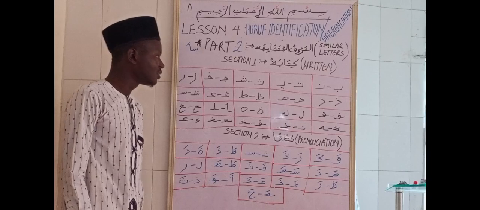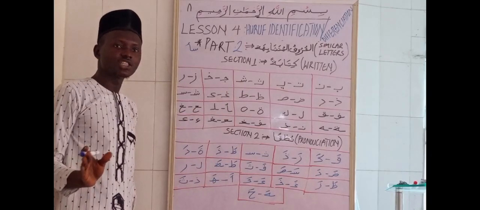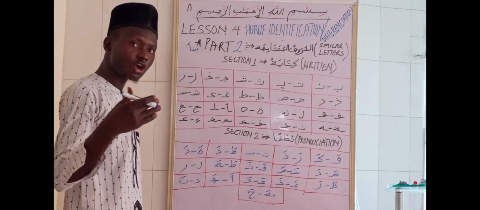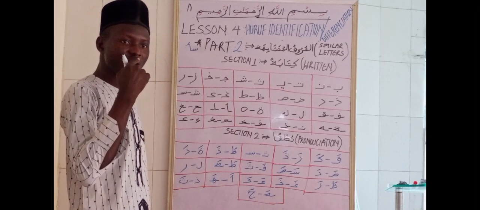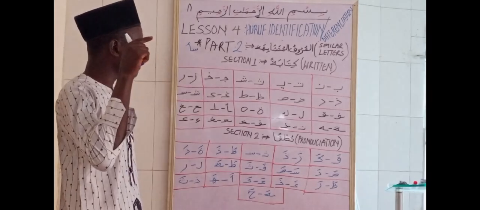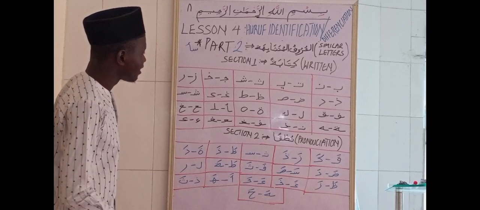Behind the upper teeth. So the articulations are different. They are both from the frontal part of the tongue, but the assistance needed is different. Why this one needs the teeth and this one needs the frontal part behind the teeth. So you have to get that one very clear.